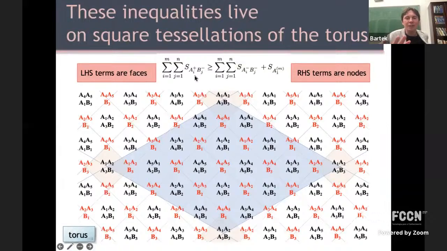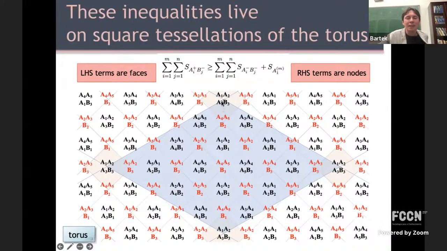Again, I remind you, these are conditions for Ryu-Takayanagi to be sensible, so necessary conditions for that. I take every region which appears on the greater than side of that inequality, and I represent it as a face. And I take every region that shows up on the less than side of the inequality, and I represent it as a vertex or as a node in a certain tessellation.